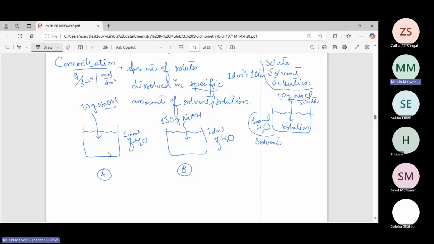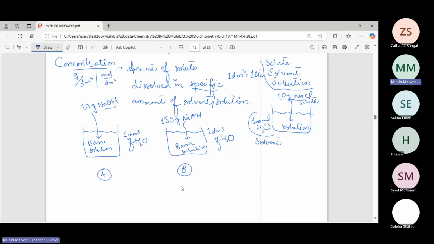Now, this is the solution. In other words, we can say this is a basic solution or alkaline solution. This is also a basic solution. But now you tell me which one has the greater amount of solute, more mass of solute, container A or container B? B, right?